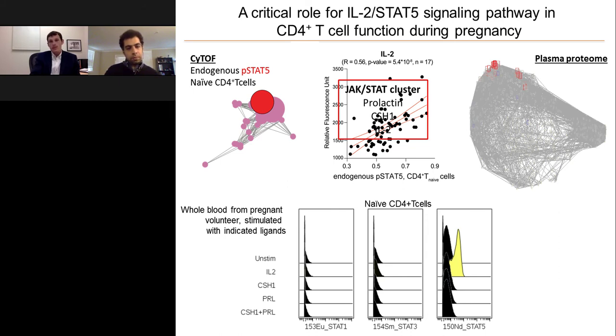So the IL-2 is increasing during pregnancy and tightly correlates with the STAT5 immune cell feature. And biologically, again, this is reasonable, and it's pointing at the IL-2 mediated differentiation of CD4 T cells into the Treg population.